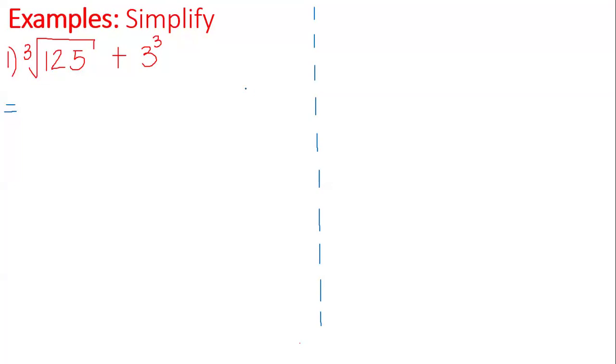What number when I multiply it by itself 3 times gives me 125? 5. Can I prove that? Yeah, let's prove it. So we have 5 times 5 times 5. 5 is involved in this 3 times.